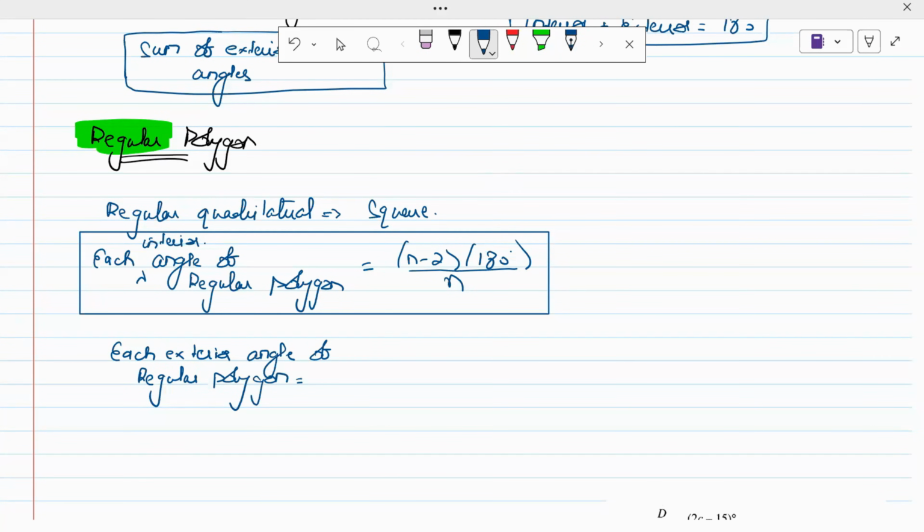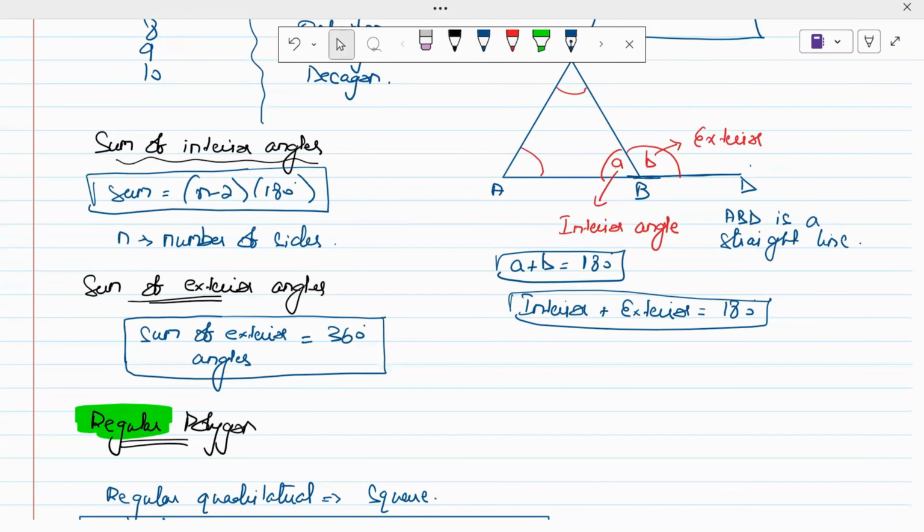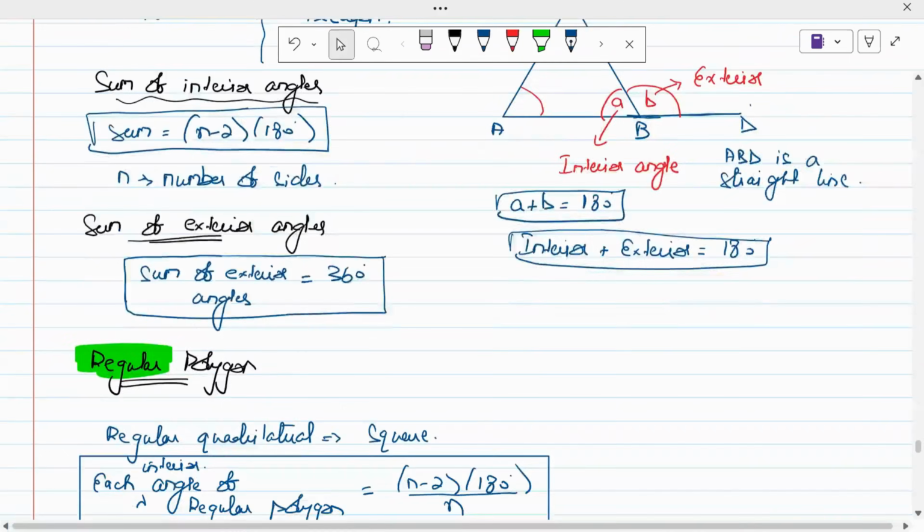We have already discussed that the sum of exterior angles is 360. That means if it's a pentagon, a five-sided figure, all five exteriors should sum up to 360. But if it's a regular pentagon, all five exteriors will be the same. So we simply divide the sum by the number of angles to have the value of each angle.